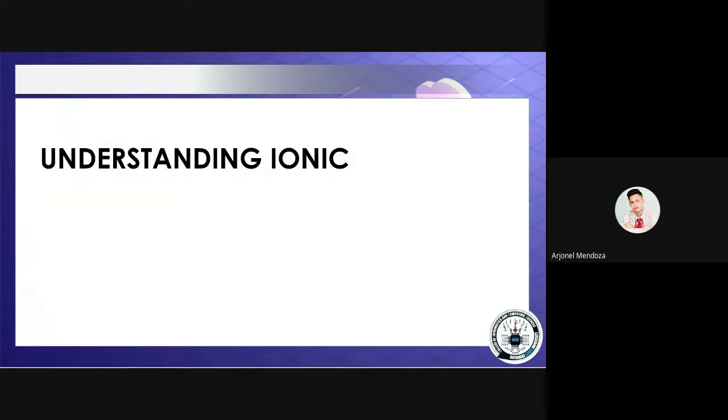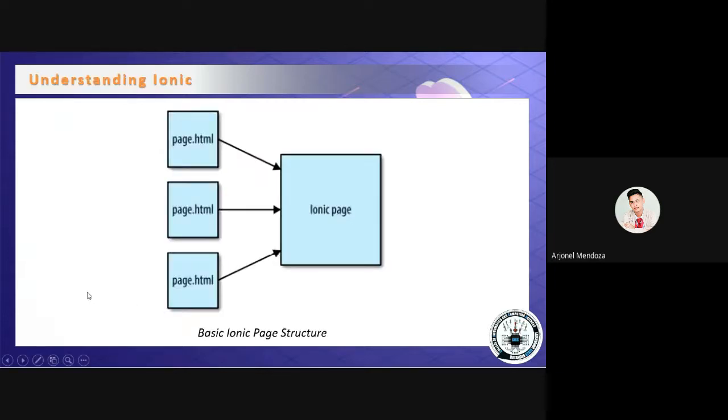So, our topic for today is understanding Ionic. Let's take a deeper look at what makes up the foundation of an Ionic page or application. These are the basic Ionic page structure. Each Ionic page is formed from three base files.